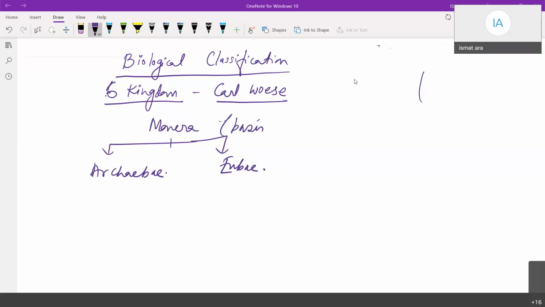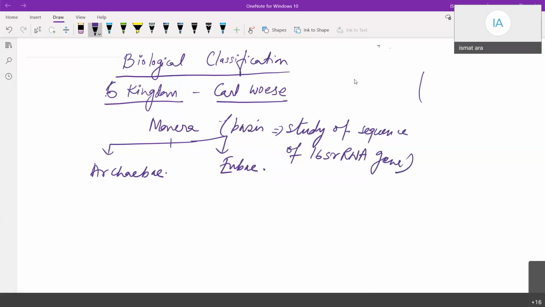He did it on the basis of the study of the sequence of the 16S ribosomal RNA gene. On this basis, he distinguished Archaebacteria and Eubacteria.